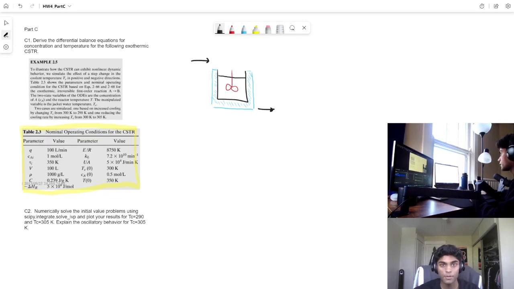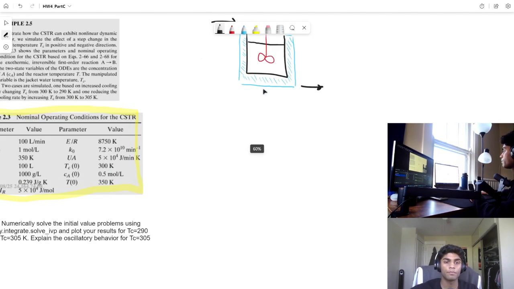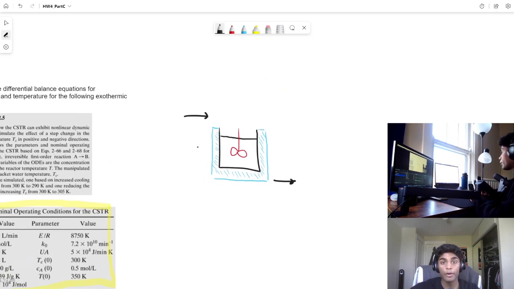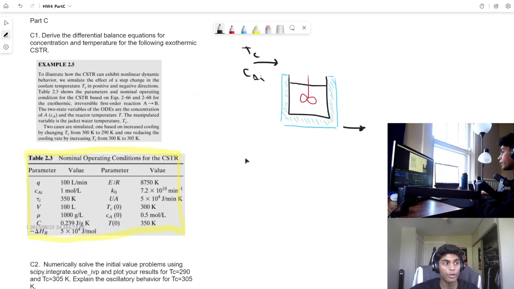So first things first, let's look at our inflow here. At our inflow, we have some initial temperature of the coolant, which is at some initial concentration. As per our little table here, we see that our initial temperature is equal to 350 Kelvin, and our initial concentration is 1 mole per liter.